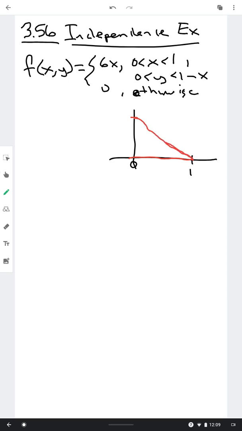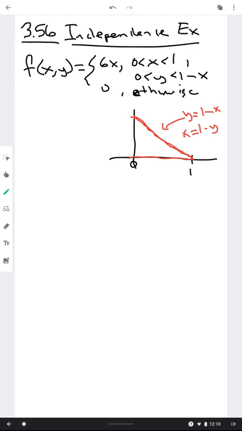Just think of that as a straight line, y equals 1 minus x. Or I could write this as x equals 1 minus y, just switching, solving for x.